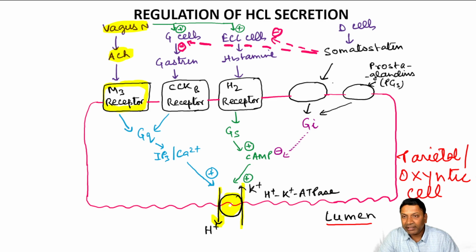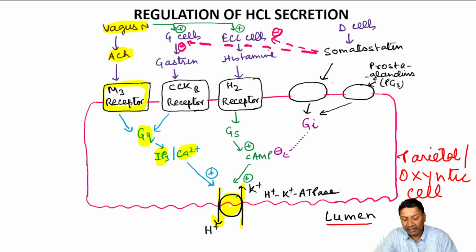This M3 cholinergic receptor will stimulate a G protein called the Gq protein, and this will lead to formation of IP3. IP3 full form is inositol triphosphate. This inositol triphosphate will cause the release of calcium from the endoplasmic reticulum, and this calcium will activate the hydrogen potassium pump, right?